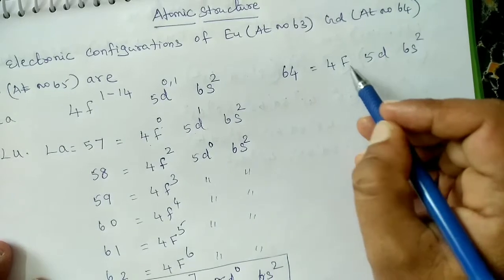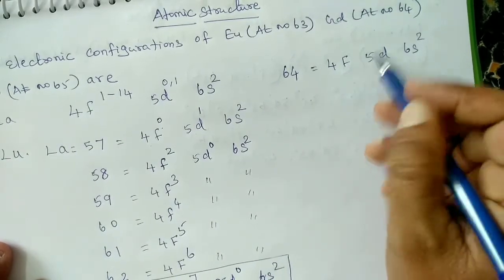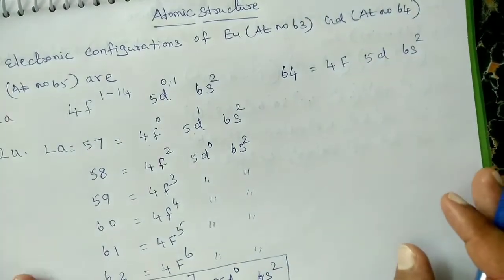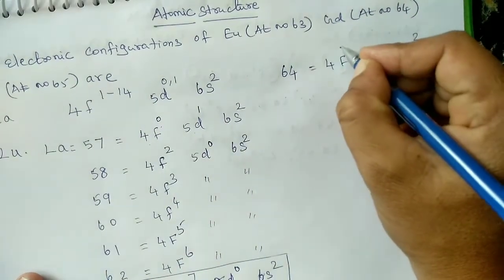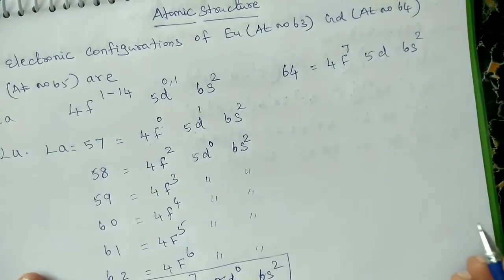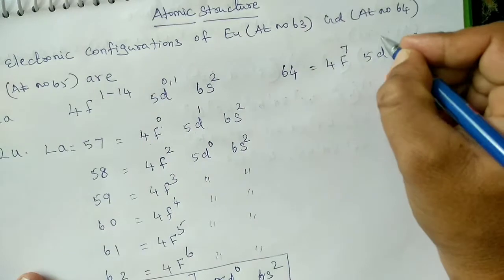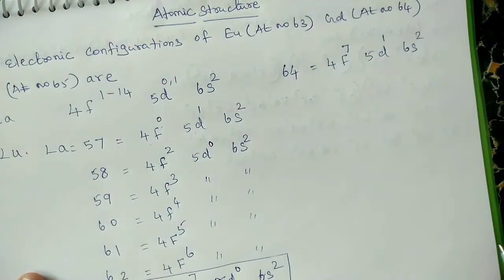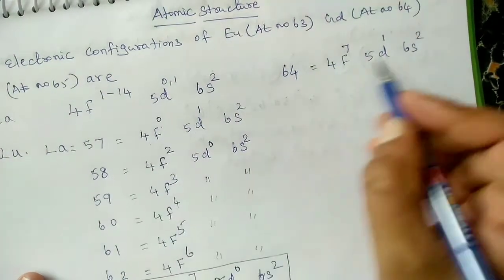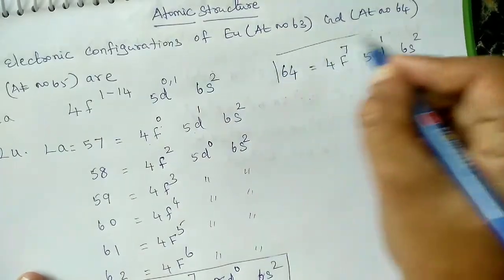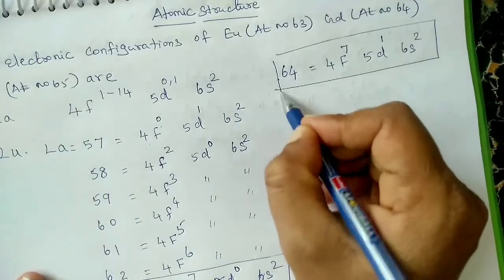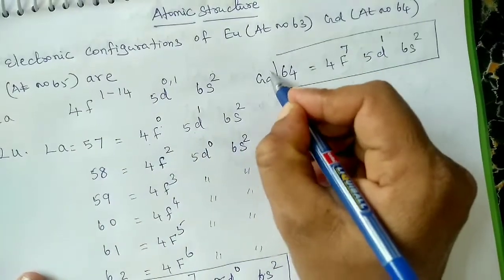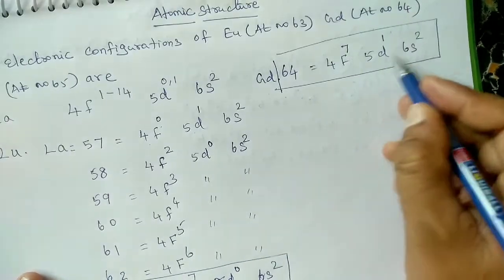But the half-filled orbital is highly stable. Due to the half-filled orbital being highly stable, only 7 electrons are present in 4f. The remaining 1 electron goes to the 5d. So the electronic configuration of atomic number 64, gadolinium, is 4f7 5d1.